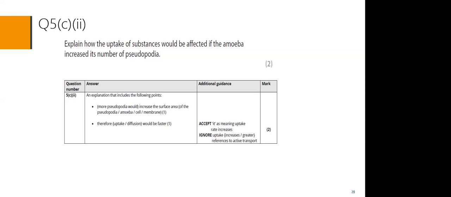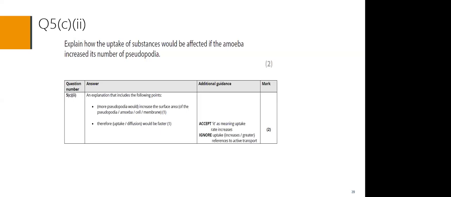Although an increased surface area will speed up uptake, it doesn't mean that there'll be any increase in the amount of substance taken up. So for marking point 2, candidates need to be describing an increased rate of uptake or faster uptake, not an increase in uptake. This is an important biological principle, and it is something that will come up from time to time.